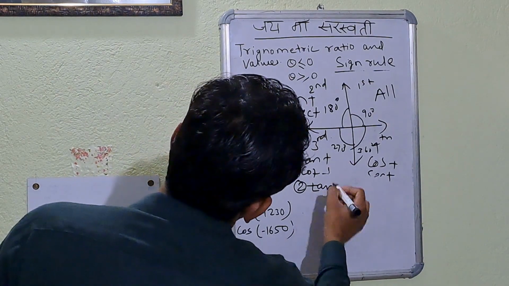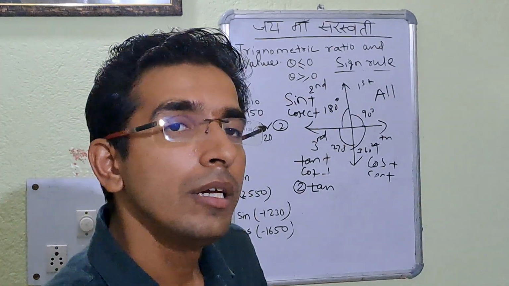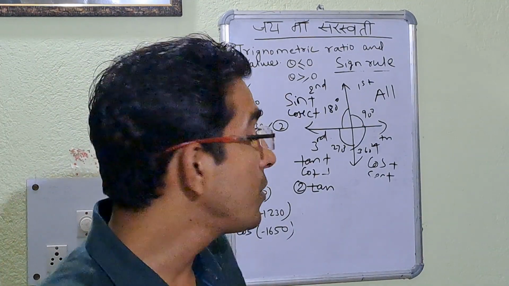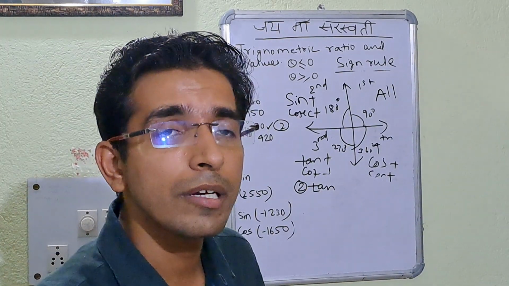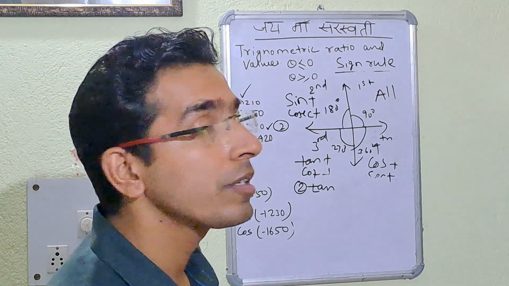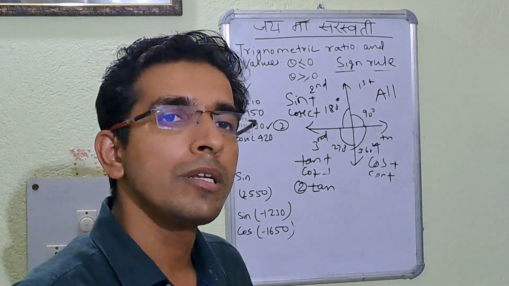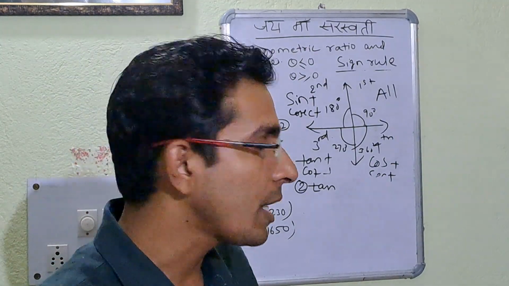We will check whether this particular angle, 330 degree, is in the proximity of 180 degree or 360 degree. It means we will check whether 330 degree is nearer to 180 degree or 360 degree. Thereafter we will be taking a stand.